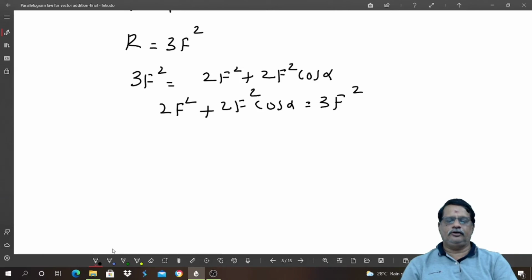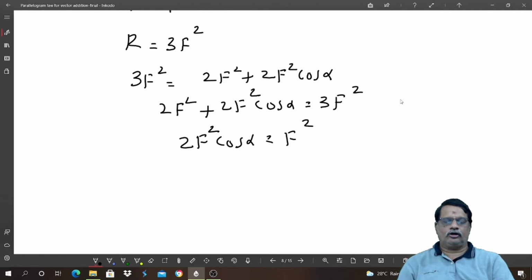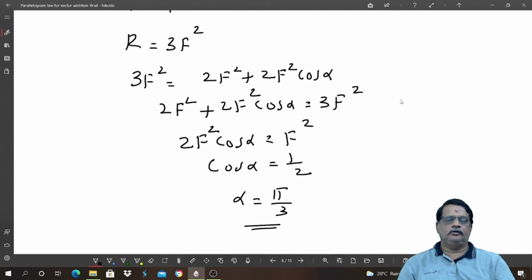This will give you 2F square cos alpha is equal to F square. From here you can write cos alpha as 1 by 2, or alpha equal to 60 degrees, which is pi by 3. So that is the solution to this problem. So we have obtained the angle between the vectors. Okay, so let us proceed.